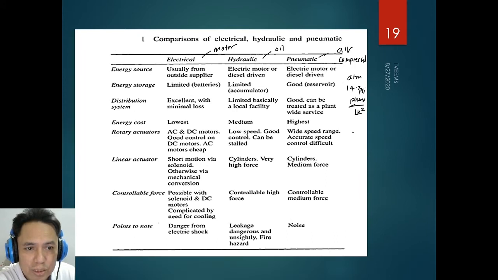Because the pressure of the tire of a certain car is like 35 psi or let us say 40 psi.